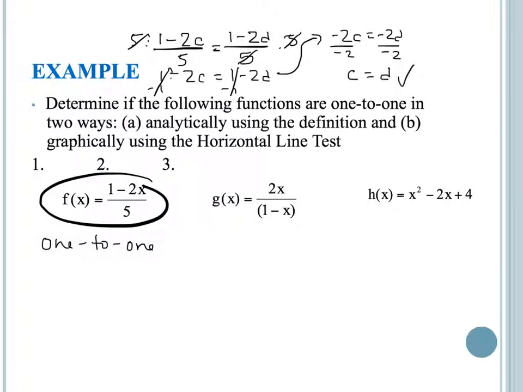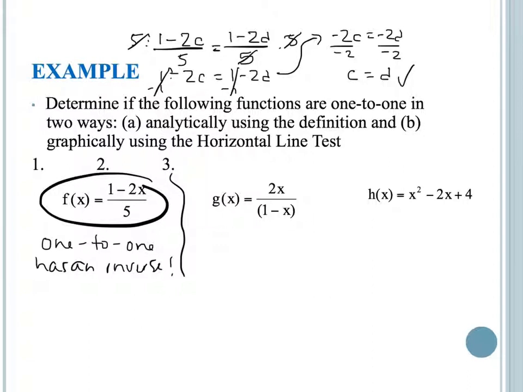So this f of x has an inverse. Now you probably already knew that linear equations, you can find an inverse for them without too much difficulty, but this is the algebra that goes behind it.